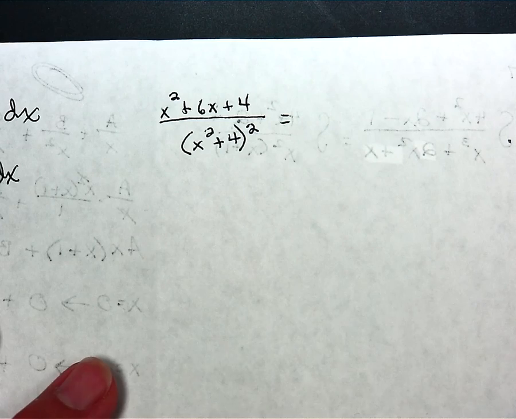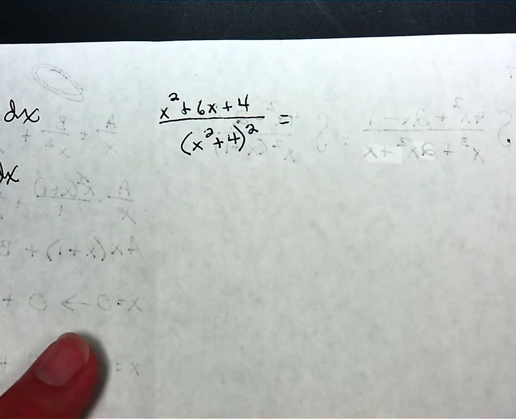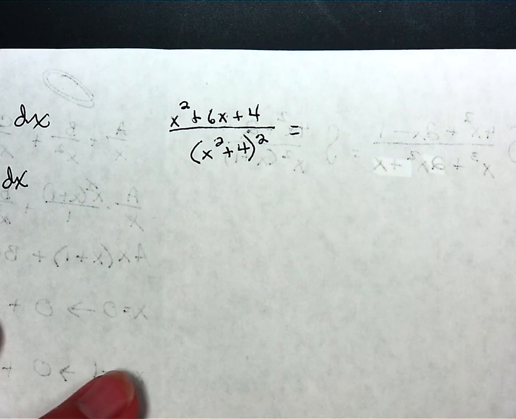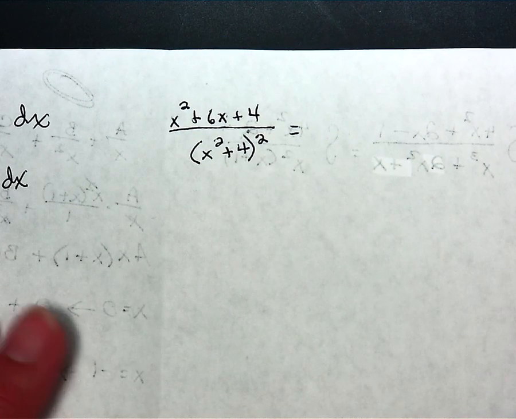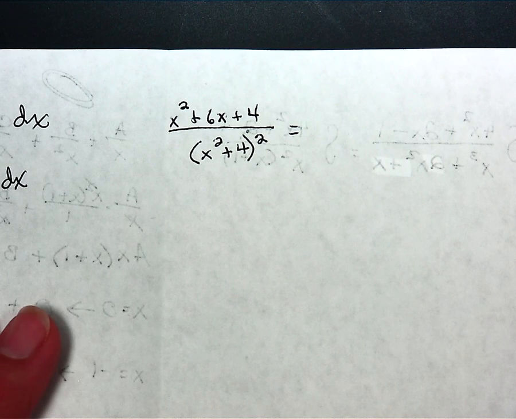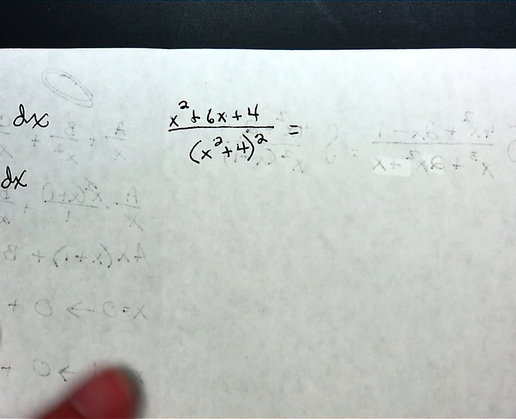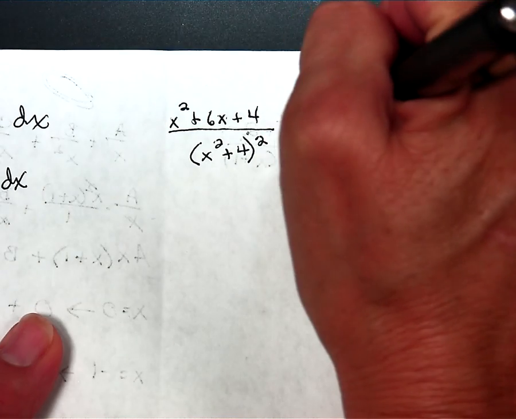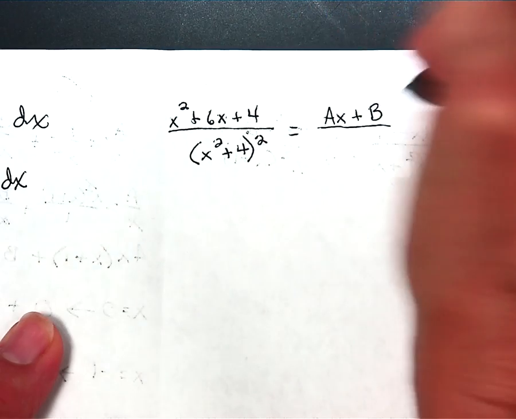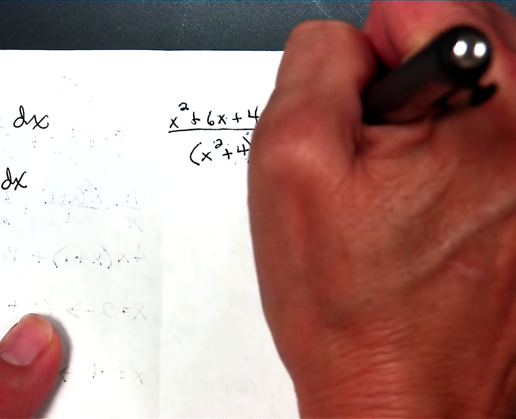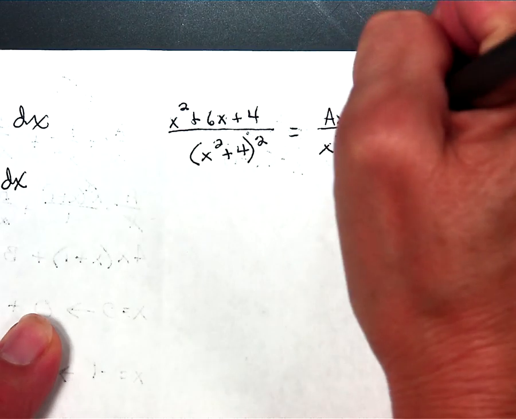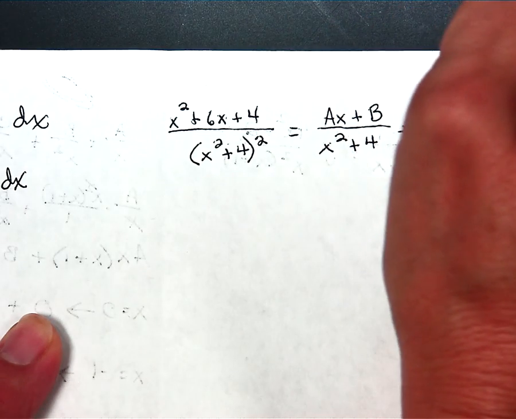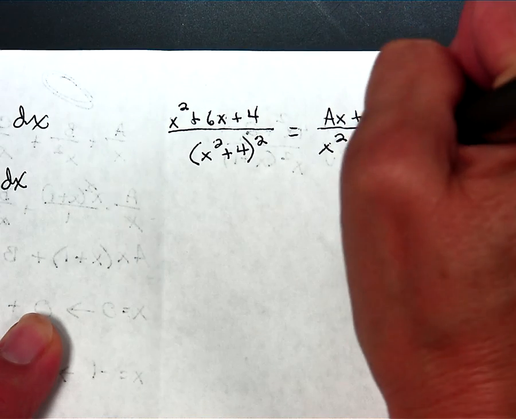How am I going to separate it? Not just A, because it's not a linear factor. It's Ax plus B over the quadratic factor. Perfect.